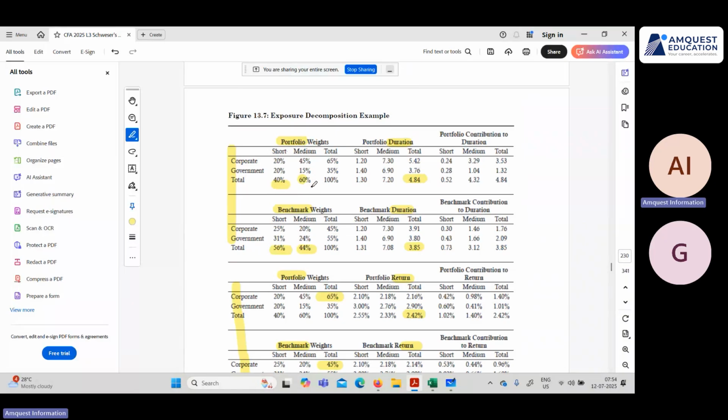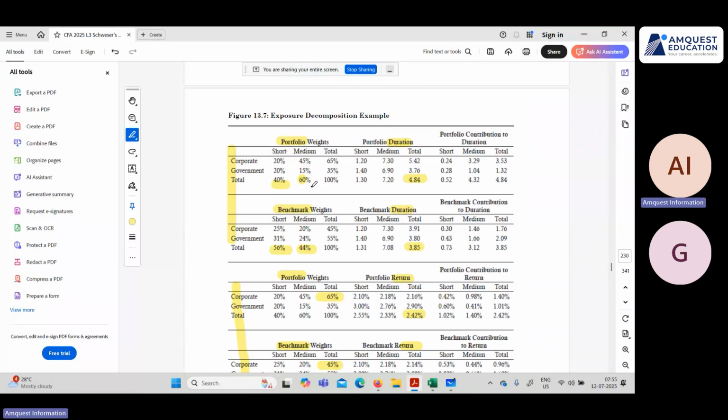So I thought that my yield curve is going to steepen. Is that correct? It's going to flatten, right? Sorry. It will flatten, right? Because you believe that the medium-term rates are going to fall.